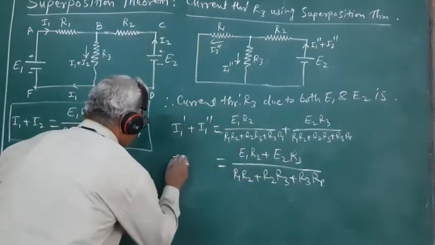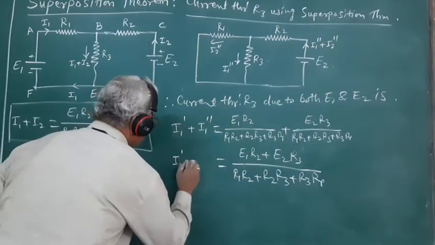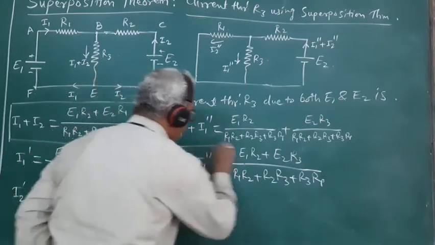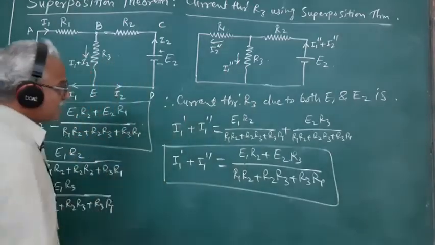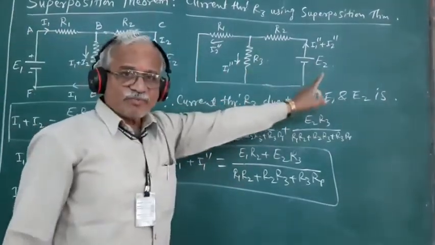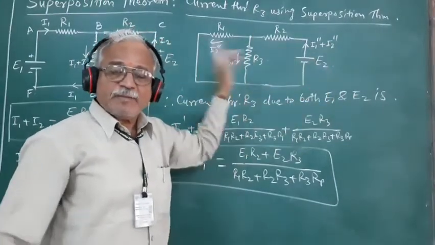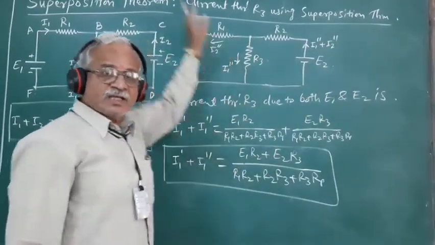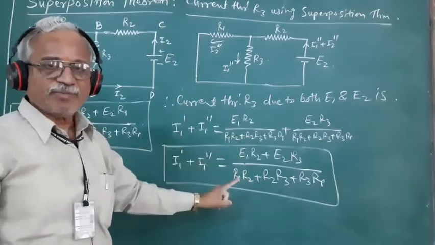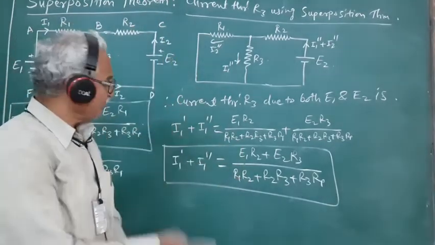This is the total current I1 prime plus I1 double prime that will flow through the resistance R3 in the presence of both the sources of EMFs, obtained by applying the superposition theorem.